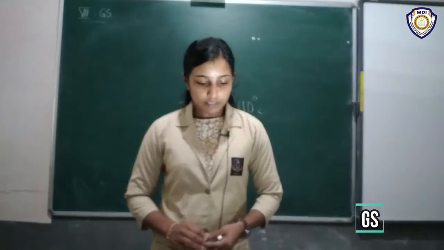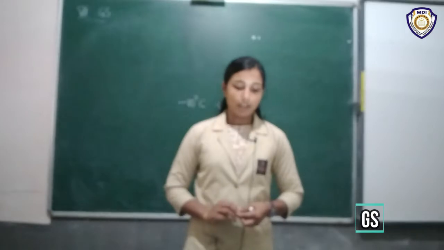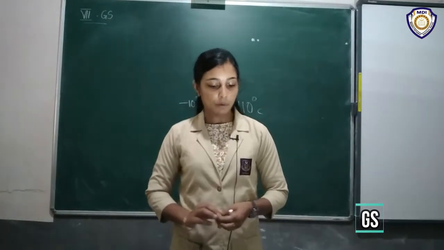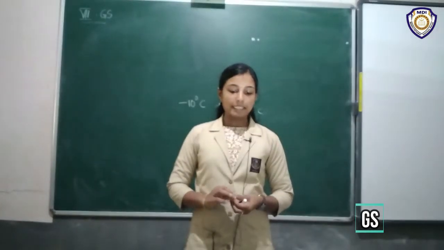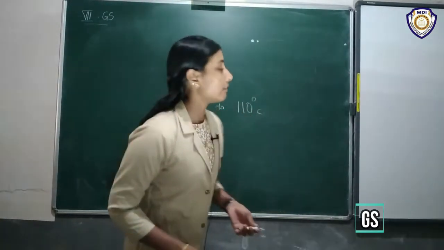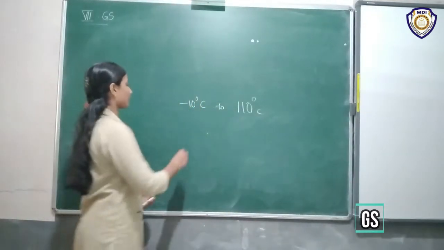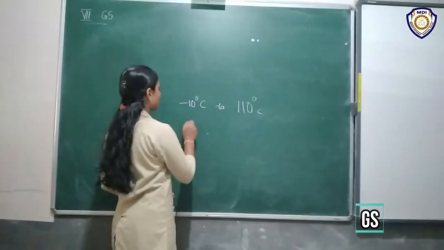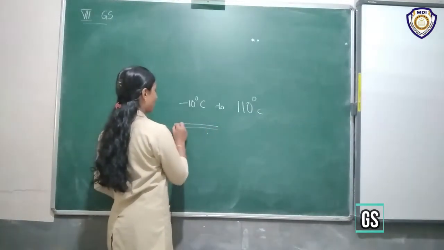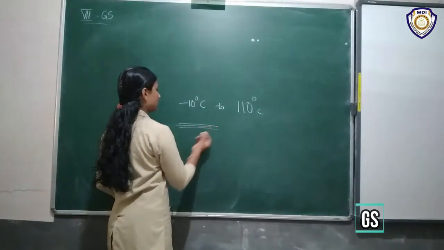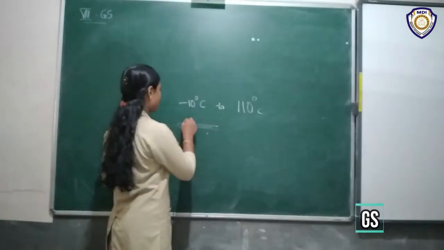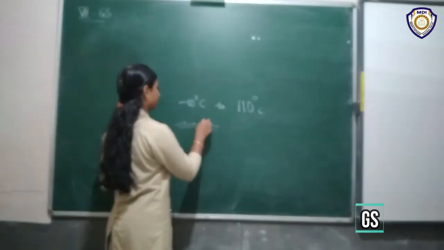Also, as you did in the case of the clinical thermometer, find out how much a small division on this thermometer reads. You would need this information to read the thermometer correctly. Suppose this is the thermometer tube, and inside it a mercury thread will be there, and here we have scales, right?